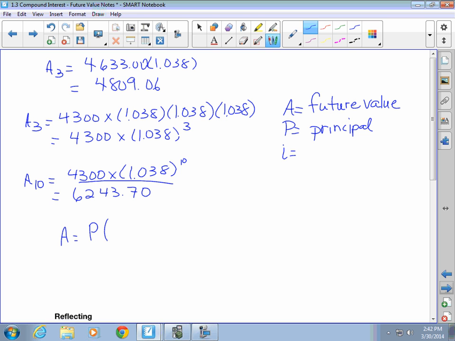Our I, so our interest rate, inside here, to get that we went 1 plus whatever our interest rate was. And interest and rate are the same thing. They're kind of interchanged in the formulas. So our I is our interest per compound period.